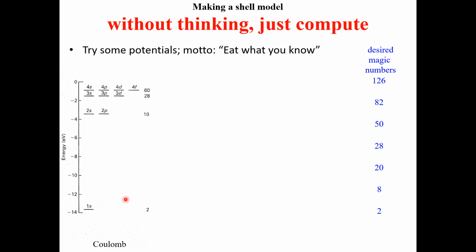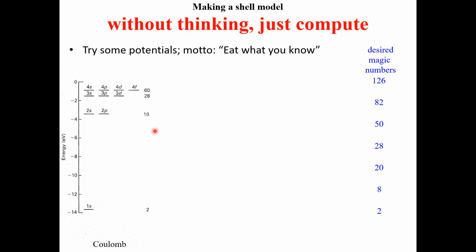So when we plot the energy versus the Coulomb potential in the nucleus, for the 1s shell we get 2. Similarly for 2s and 2p, we get 10, for 3s, 3p, 3d we get 28, and for 4s, 4p, 4d, and 4f we get 60.